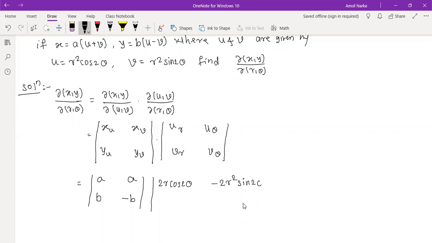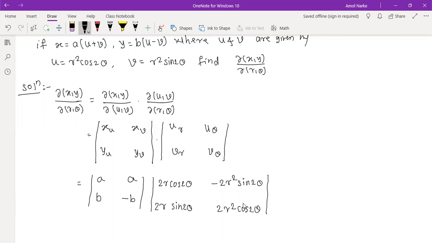Similarly, v with respect to r: we are differentiating with respect to r, so it becomes 2r, not r square. So 2r sin 2 theta. And v with respect to theta, the derivative of sin 2 theta is 2 cos 2 theta, so 2r square cos 2 theta.